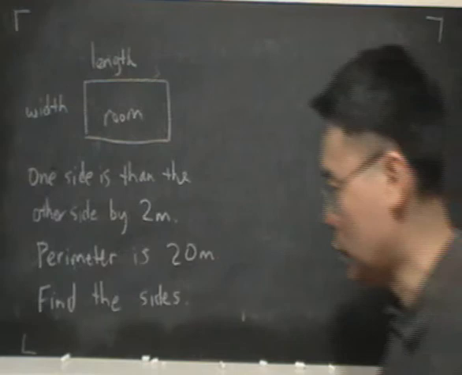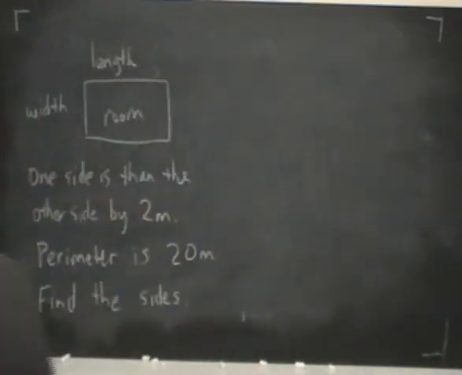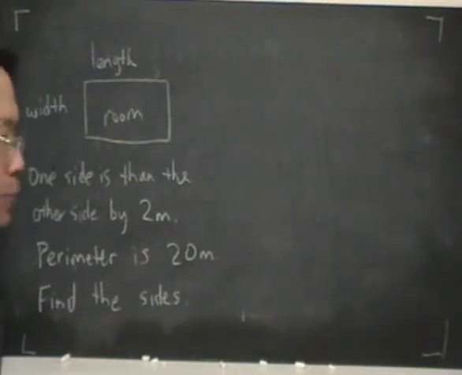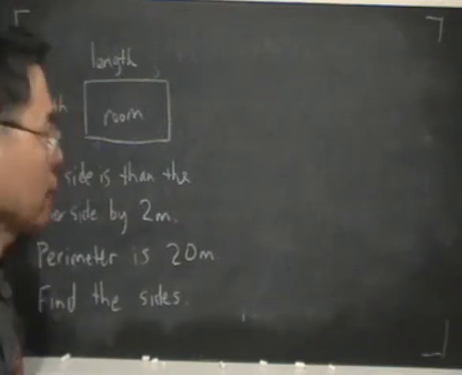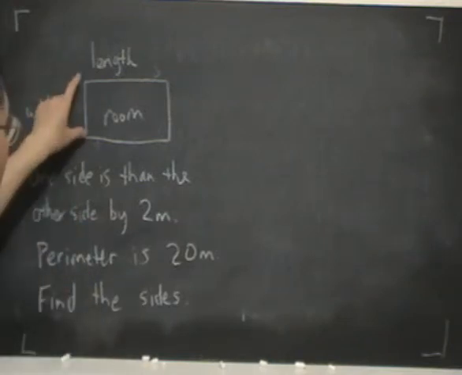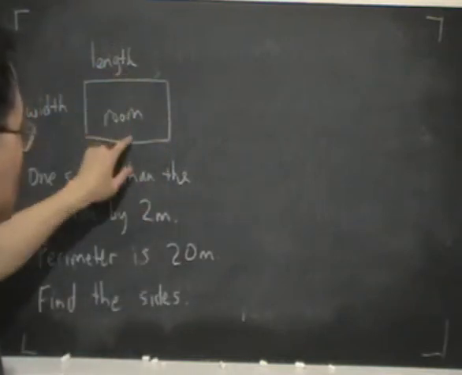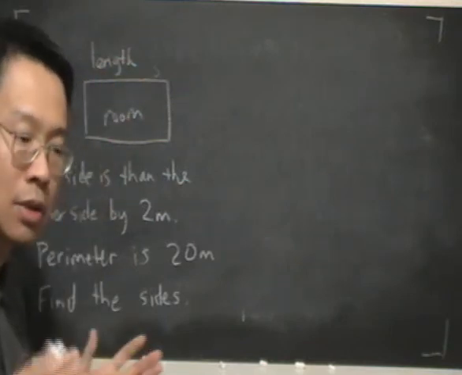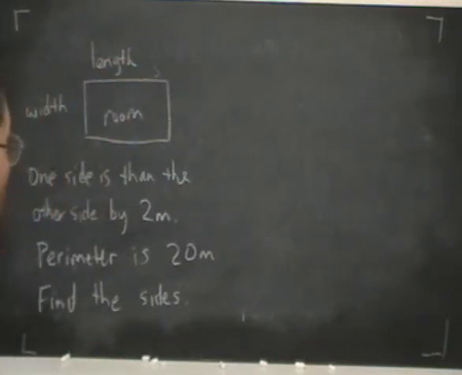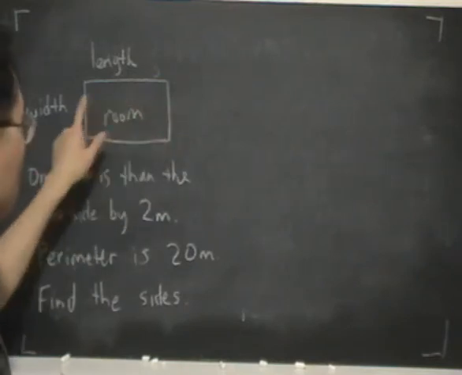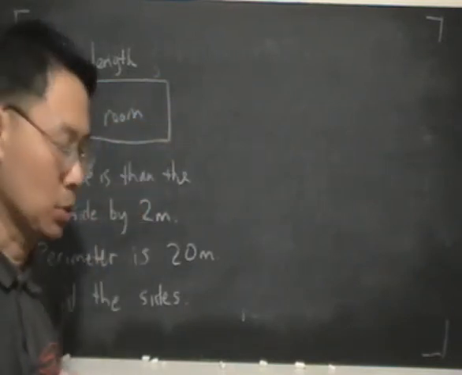We can do this using equations. The way to do it in algebra is to say, we need to find the sides, so the sides are the unknowns. Now there are 4 sides. 2 of the sides, the longer sides are equally long, and 2 of the shorter sides are equally short.